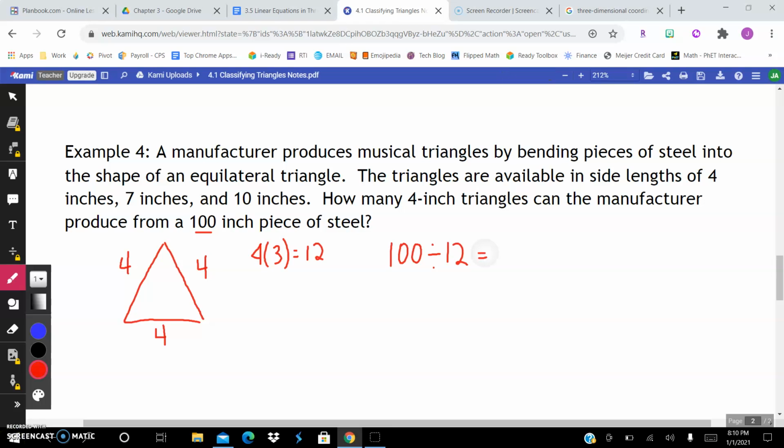And when I do that, I get 8.3 repeating, which means that the manufacturer can only make 8 triangles out of that piece because that 0.3 repeating is not enough to make the 9th triangle. So our answer here is 8 triangles.